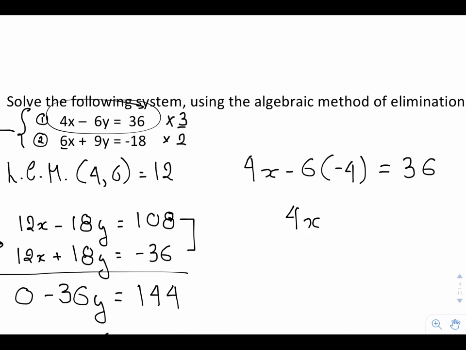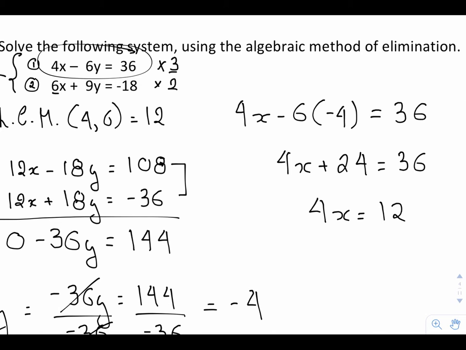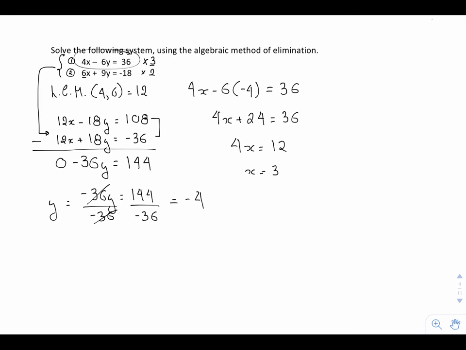So I have 4x plus 24 equals 36. 4x is equal to 12. And finally, x is equal to 3. So all this work goes to show us that our point of intersection is 3, negative 4. And there you have it.